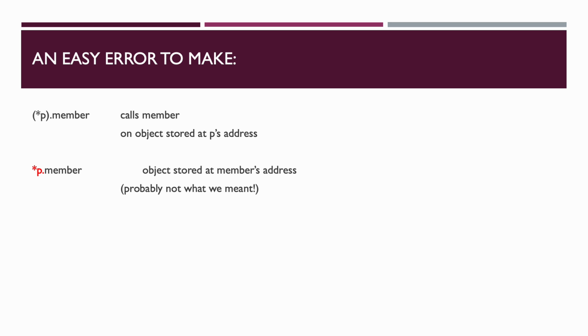In most cases, this is not what you mean. Instead of dereferencing the pointer and accessing the members, this form can lead to unexpected behavior or even runtime errors if you accidentally try to dereference an invalid memory location.